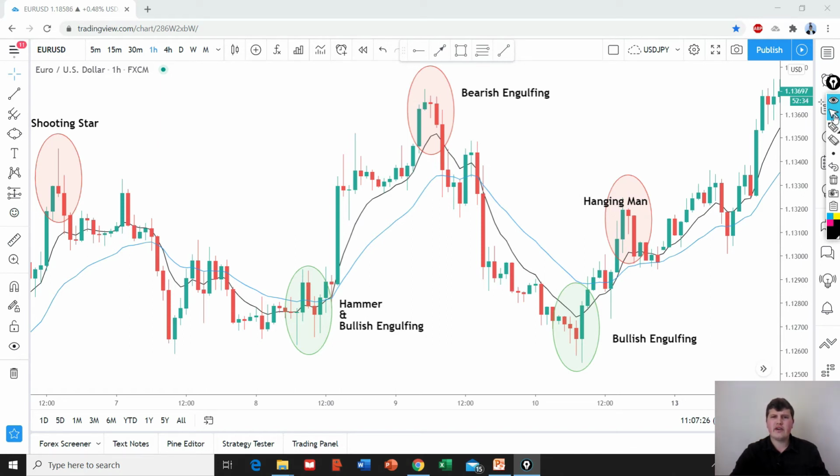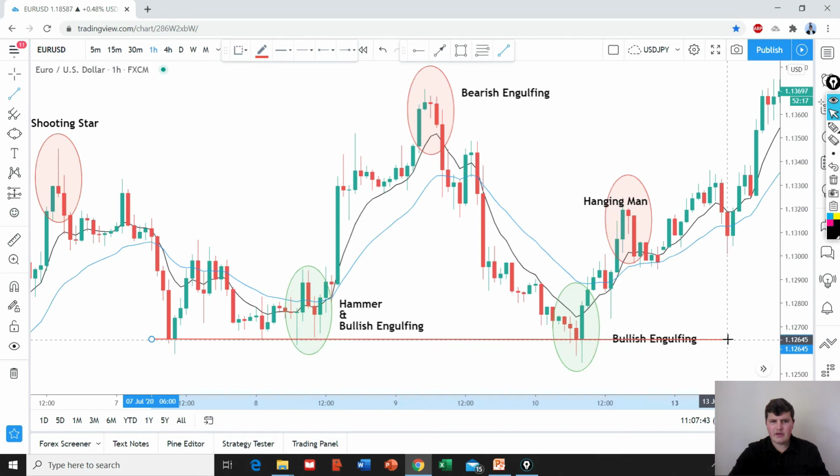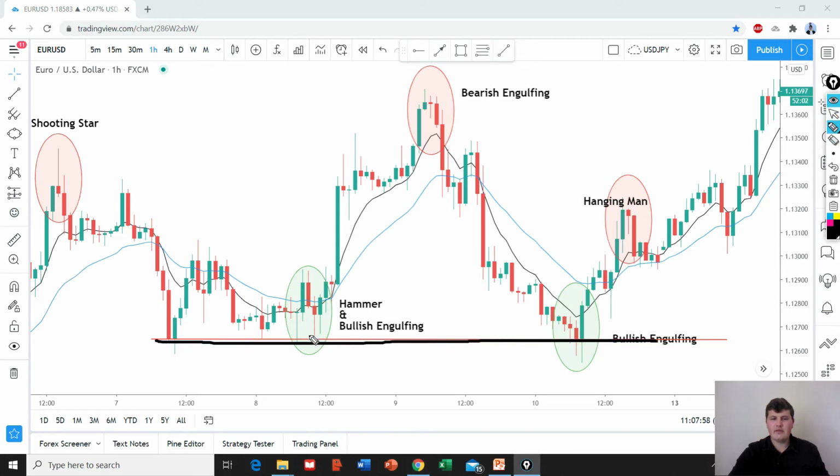So it's important to not only trade the candlestick patterns on their own, but to trade them in conjunction with other technical analysis tools like support and resistance areas, or chart patterns like the triangle, the wedge, or the bullish flag. Just to give you guys an example of what I mean, over here is a really good support area in the market, and you can expect some reaction from price, and with the formation of the hammer candlestick and the bullish engulfing candlestick together with the support area over here, a move higher appeared not once but twice.